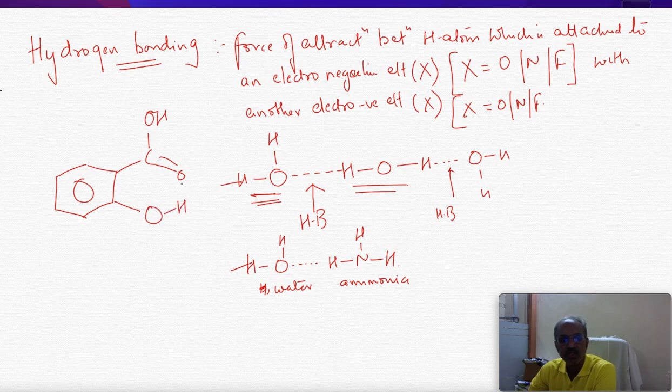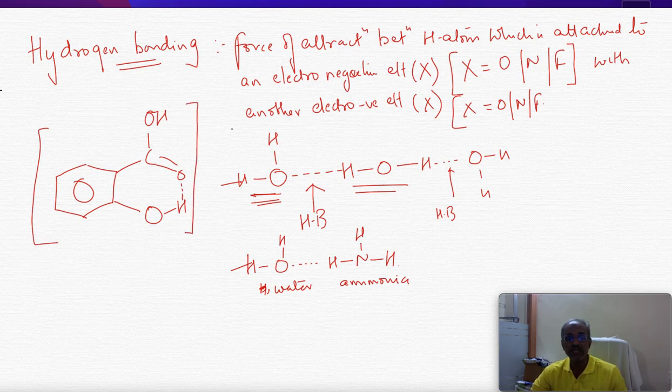So there is a force of attraction between this O and the ortho position where there is the OH. Two ortho positions are there. This ortho position is OH and the first position is carboxylic acid. So this is also hydrogen bonding, but this is within the same molecule.